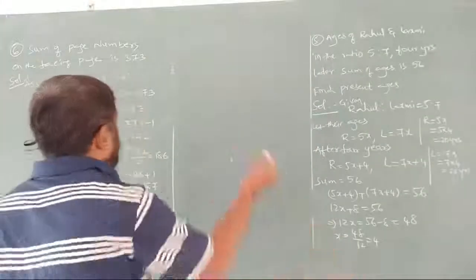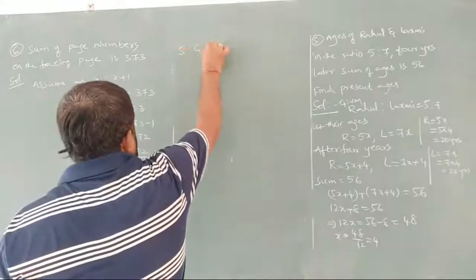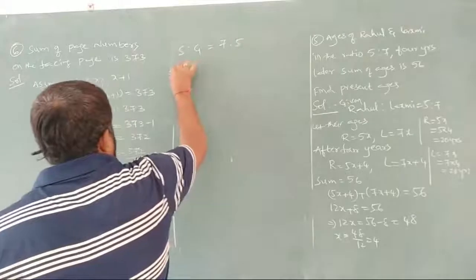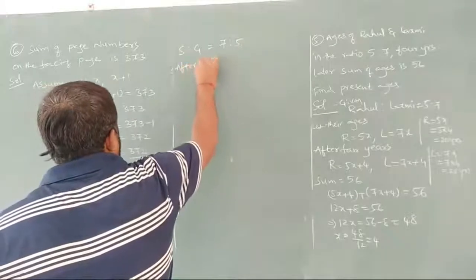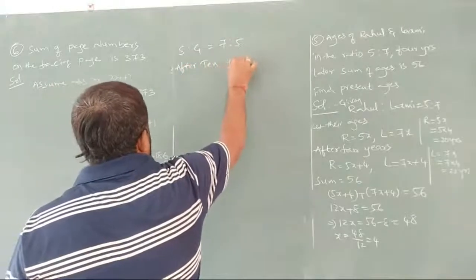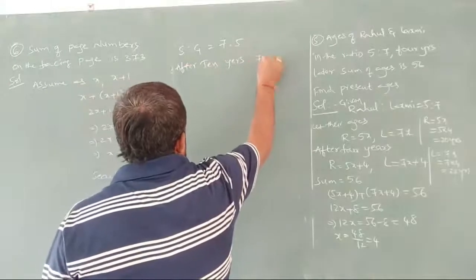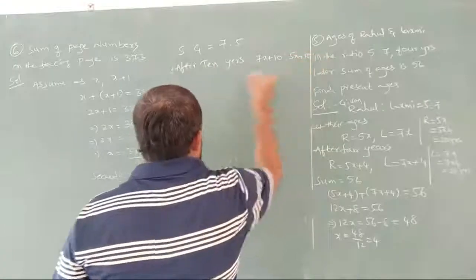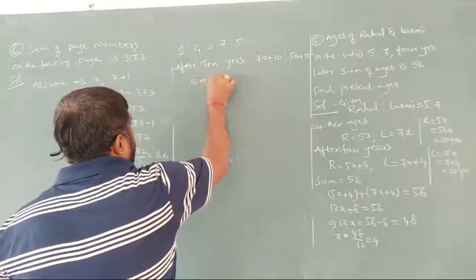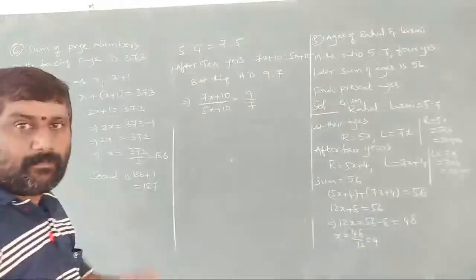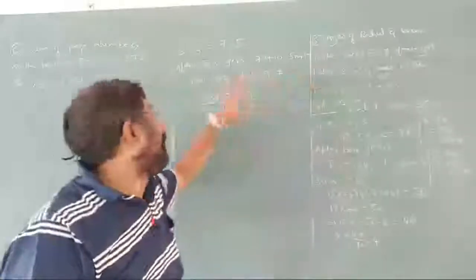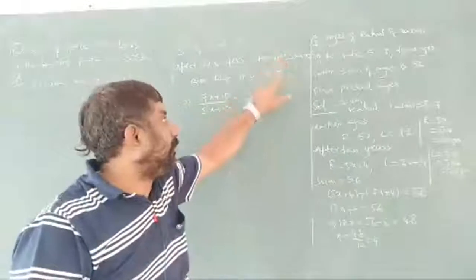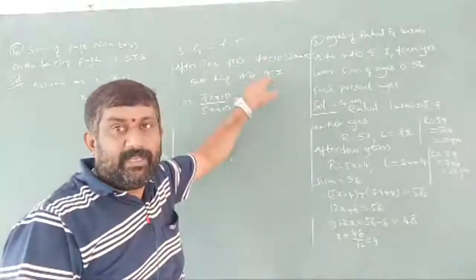Let me take the previous problem. It is given Sita is to Geeta is 7:5 now, and after 10 years it will be 7x plus 10 and 5x plus 10. The ratio after 10 years is going to be 9:7.